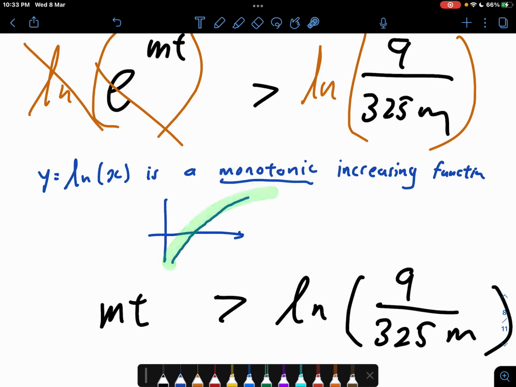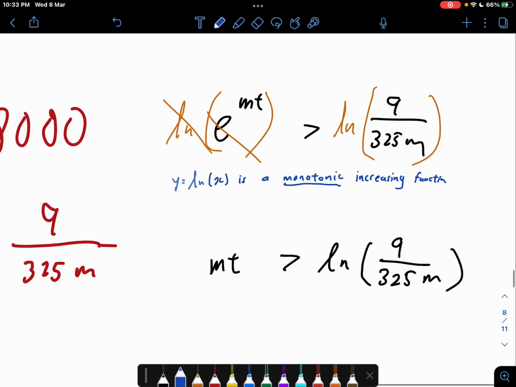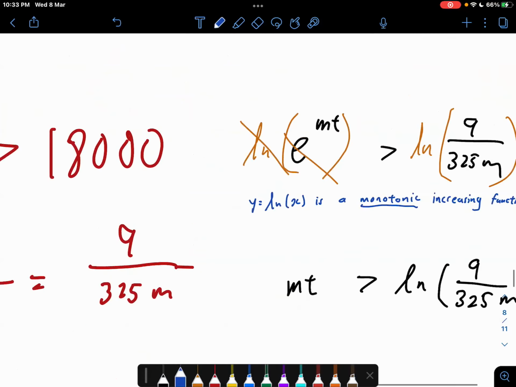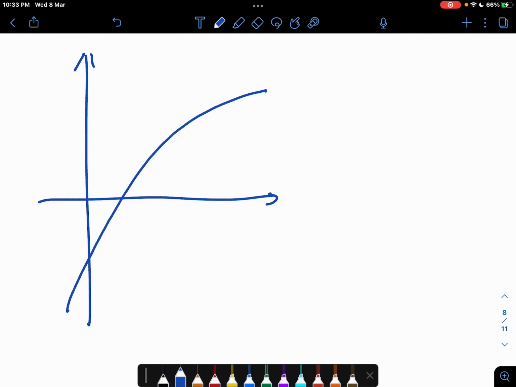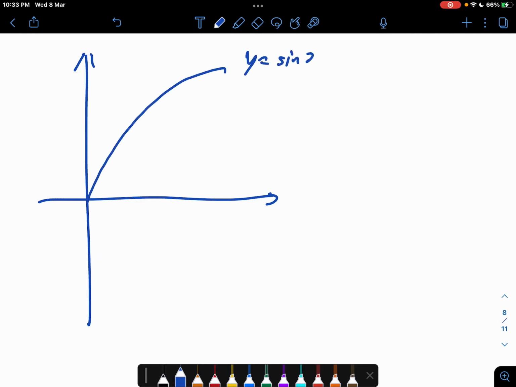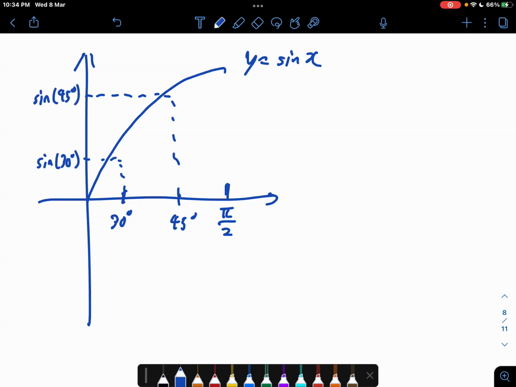If that is the case, let's examine two types of functions. Let's say this is y equals sine x, the first half. Over here is pi over 2. Let's say here is 30 degrees and here is 45 degrees. You get a corresponding y value, sine 30, sine 45. I'll just use degrees. I know the exact value already, but I want you to pay attention to the position of sine 30 and sine 45.